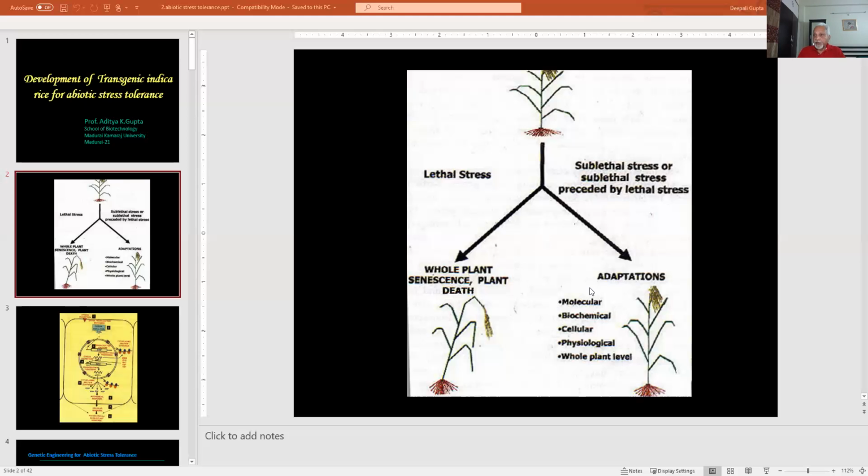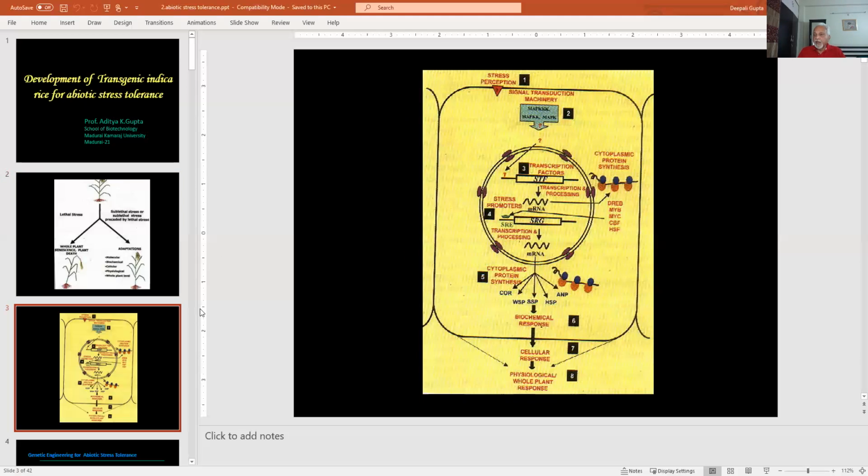So when we look at the cell, all cells of a plant have this mechanism operating: they perceive the signal of the stress at the cell membrane level. And then this signal, which is perceived here, is transduced to, or taken to, the nucleus of the cell.